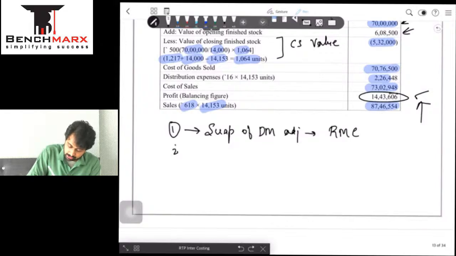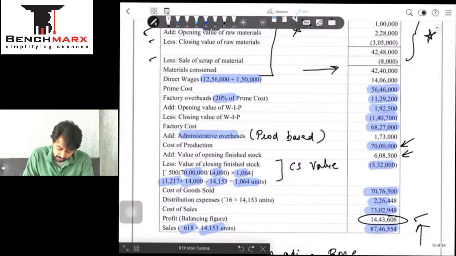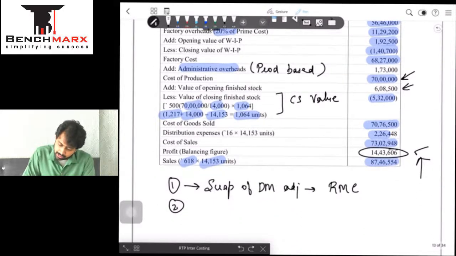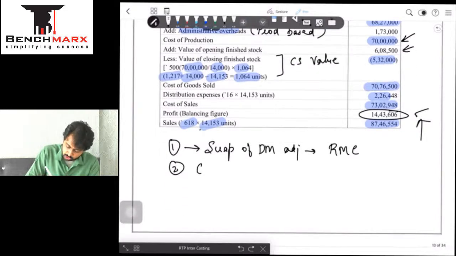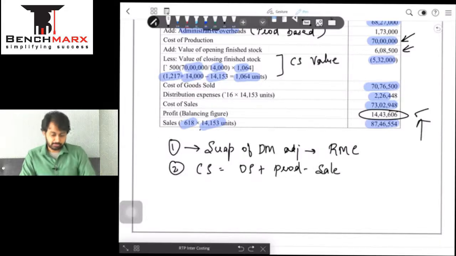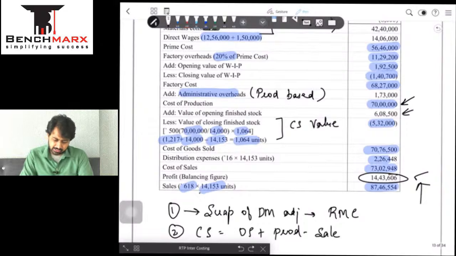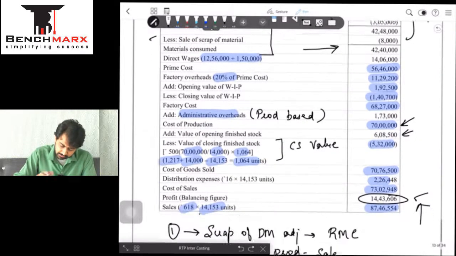That is one. And the second important thing: wages, opening, closing was normal, and everything else is normal. And my closing stock, if closing stock is not known, it is opening stock plus production minus my sale, and this is how I will get my closing stock. All other things are pretty easy. Wages, materials consumed, scrap, sales, balancing figure.